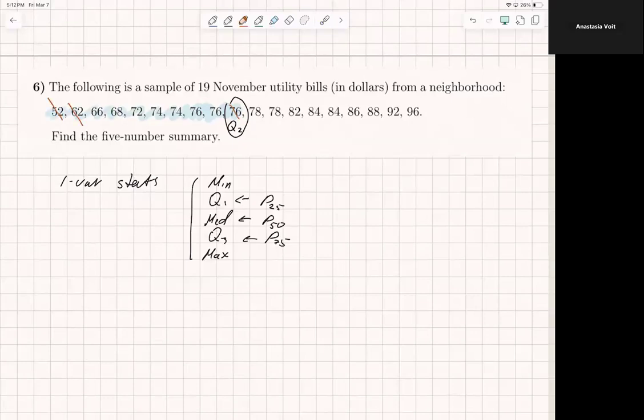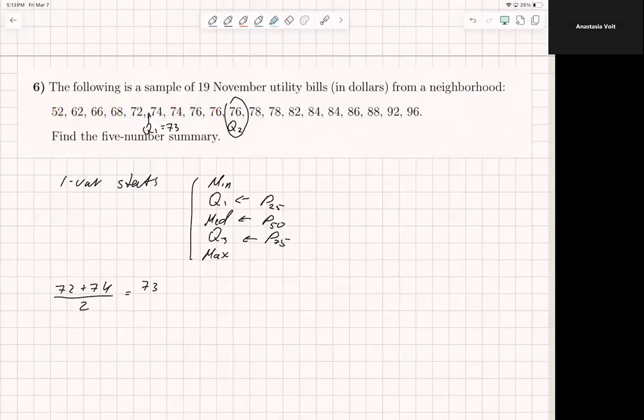Start crossing those. We have two values, so that's the middle of these two values. We have 72 plus 74 over 2. That's going to be 73. So Q1 in this case would be 73, right?